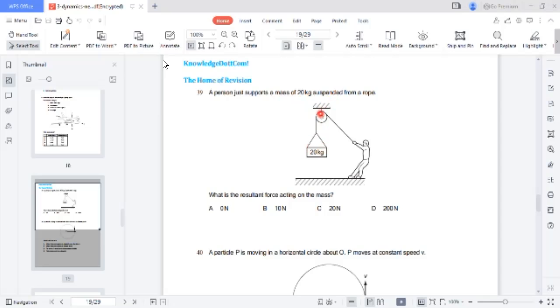What is the resultant force acting on the mass? Let's see the weight of the mass. The weight is acting in the downward direction, which would be approximately 20 times 10, 200 Newtons.